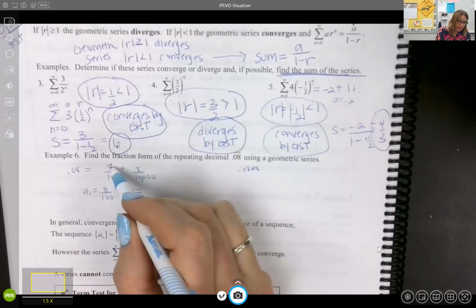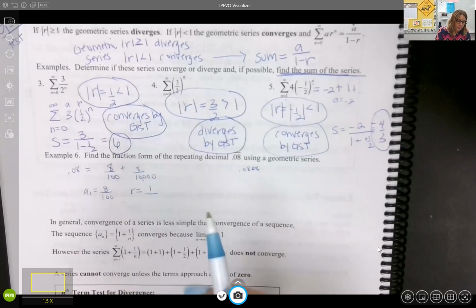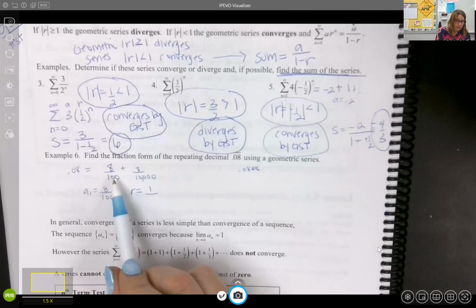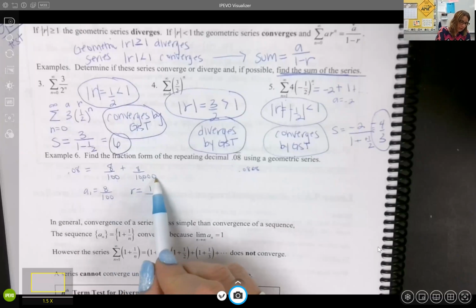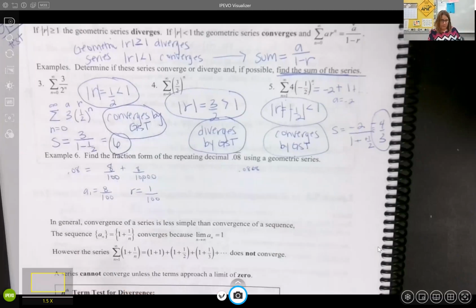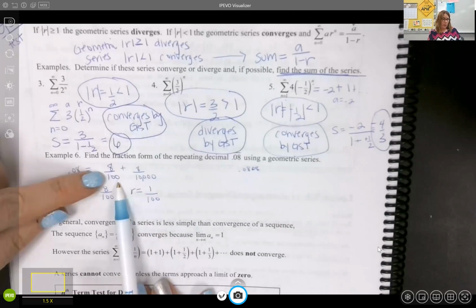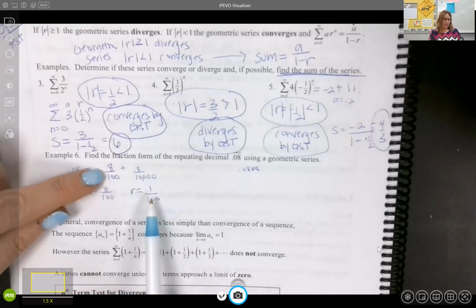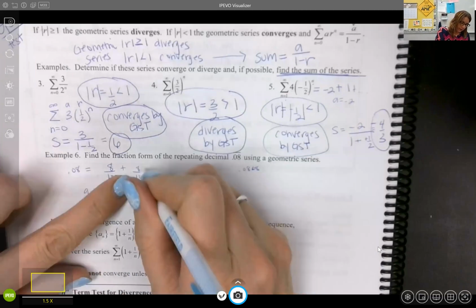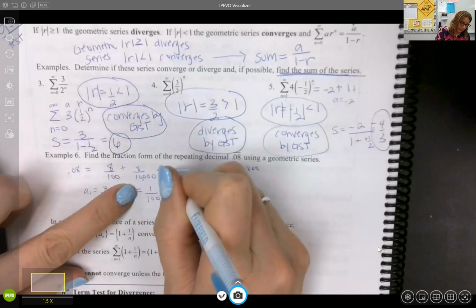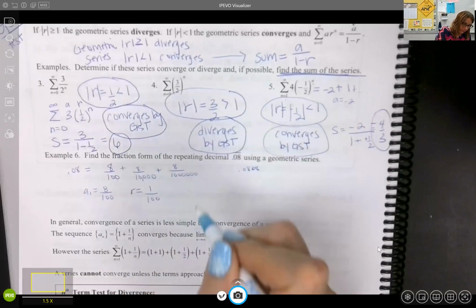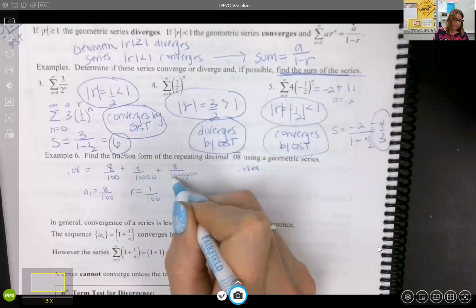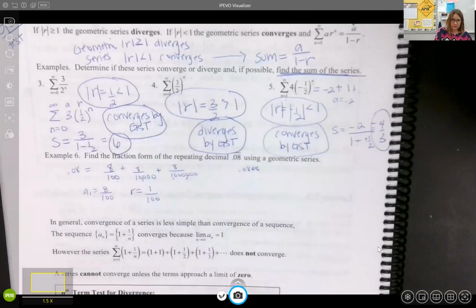The 8 is staying 8, so the top is a 1, and the bottom is 100, because I've added 2 extra zeros. So if I multiply 8 over 100 times 1 over 100, I get 8 over 10,000. And if I multiplied 8 over 10,000 times 1 over 100 again, I would add 2 more zeros and get 1 million. And that will just keep following that same pattern.